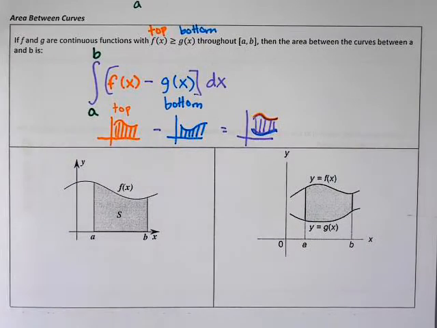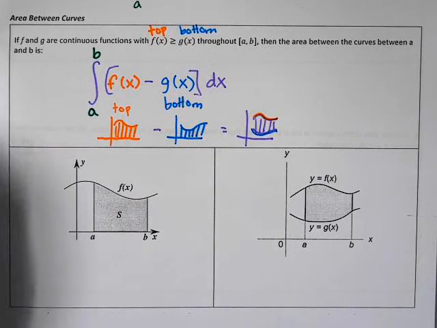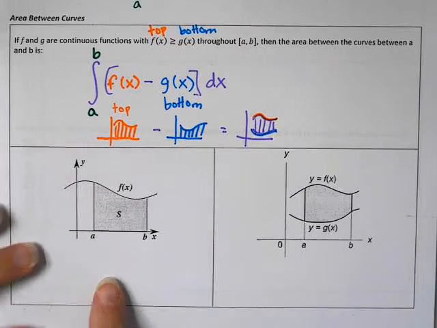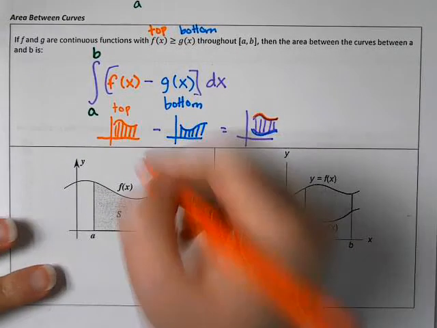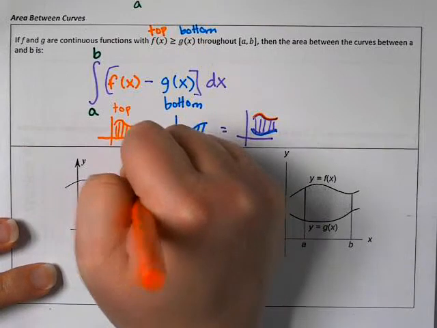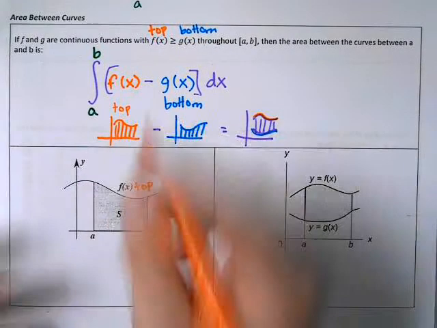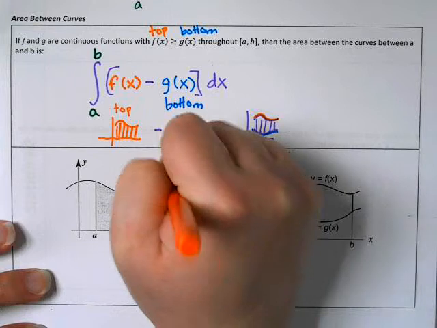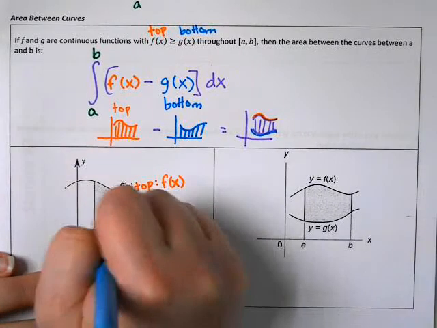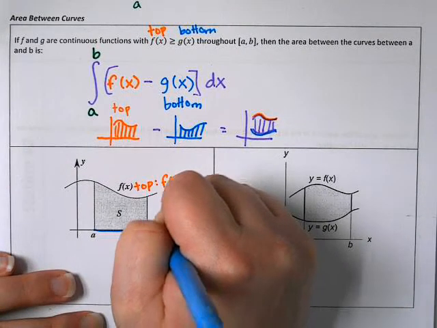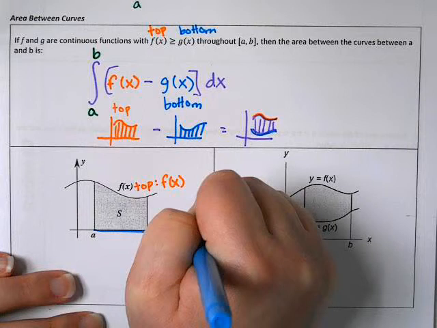So you might be wondering why we haven't introduced you to this earlier, but in fact we actually have. If we look at this integral, which we already know how to find that area, if we think about it, f of x is still our top function. So the top is just f of x. Well, the bottom function in this case is the line y equals 0, because it's the x-axis.